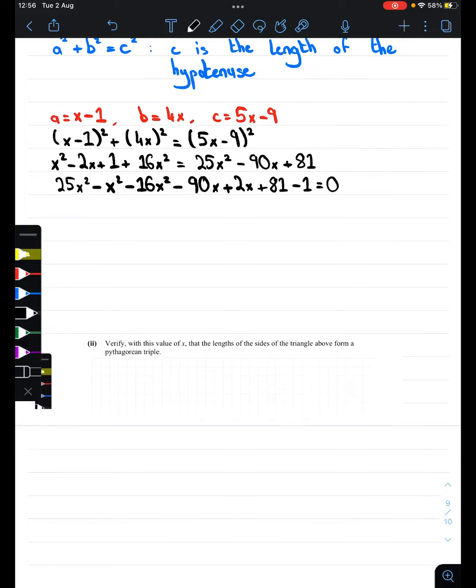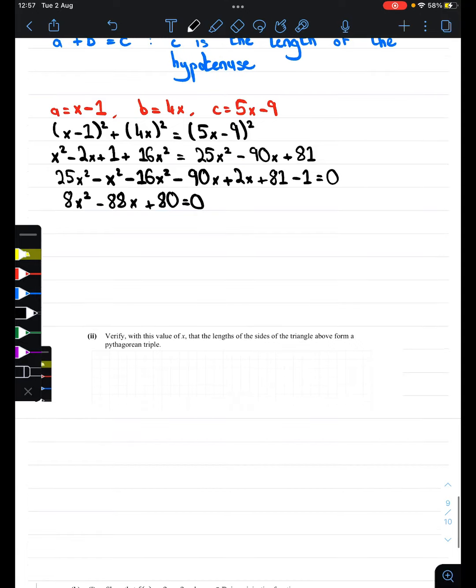This gives us 8x squared minus 88x plus 80 equals 0. You could solve it like this, that's perfectly fine, but you might notice there's a common factor of 8, so we can divide across by 8 to make it a little easier: x squared minus 11x plus 10 equals 0.